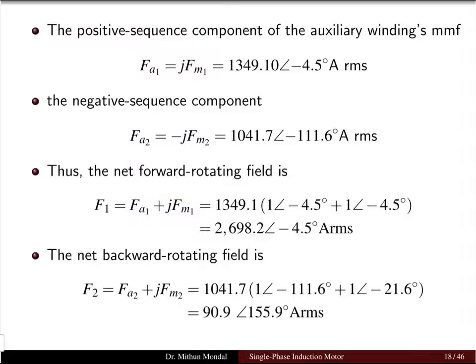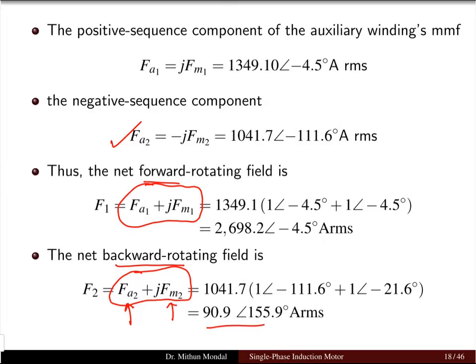On the other hand, if we want to compute the net backward rotating field, this was for forward, where you have FA1 plus J times FM1; for the negative, we have FA2. What we have calculated for the negative sequence component, we can substitute this value of FA2, and FM2 also we have calculated. We put it in and get the net backward rotating field and the net forward rotating field.